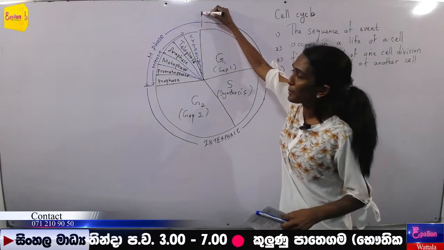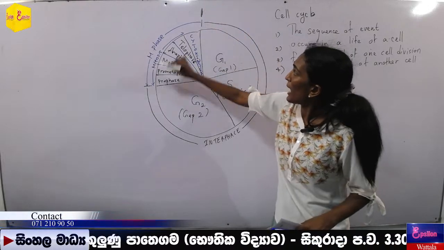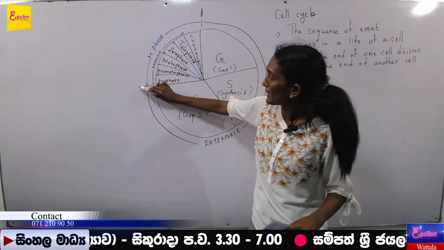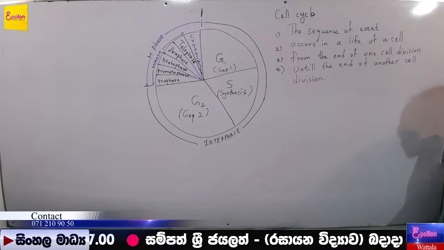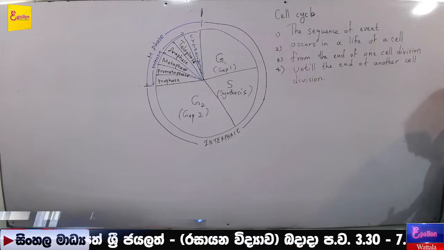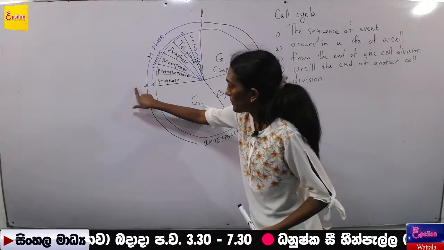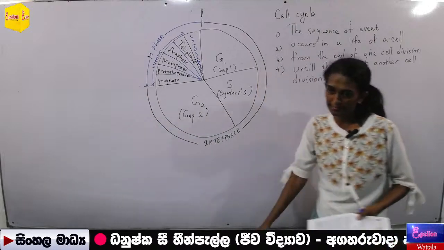Where you start, you have to stop. From the end of one cell division until the end of another cell division. Don't say until the beginning of another cell division. If you start from the beginning, you have to stop at the beginning. You can say it like this also: from the beginning of one cell division until the beginning of another cell division.